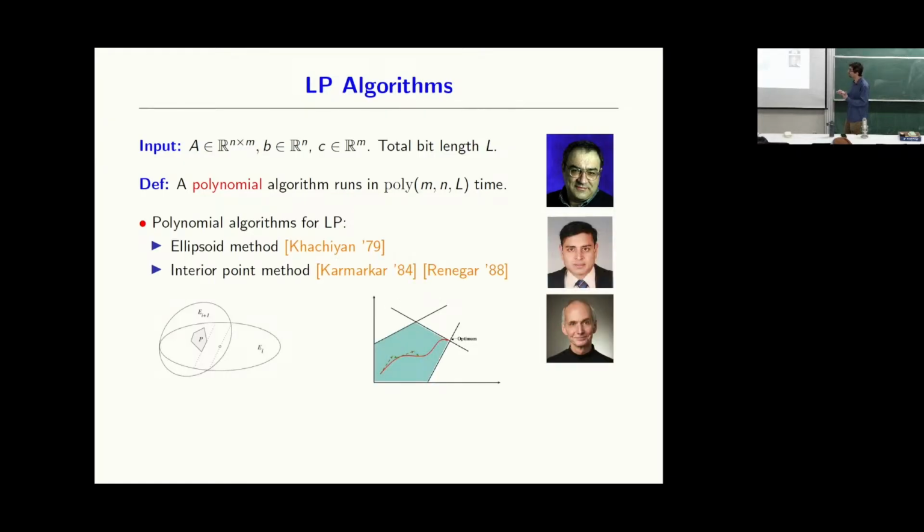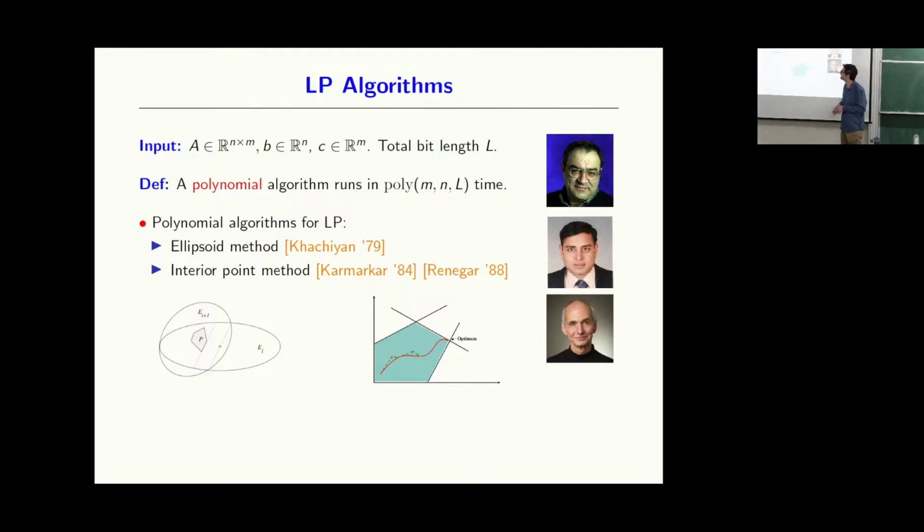Indeed, it actually took quite a while for people to even find any polynomial time algorithm for this problem, but perhaps some of you know some of the classical methods in the context of optimization that have been applied to this. The ellipsoid method is something that's used all over in combinatorial optimization.